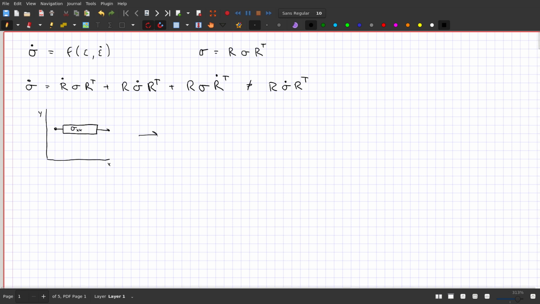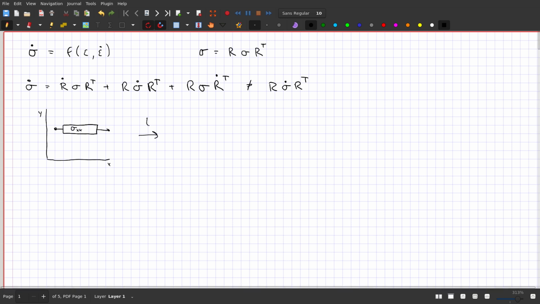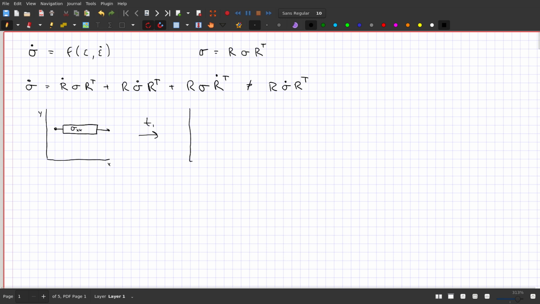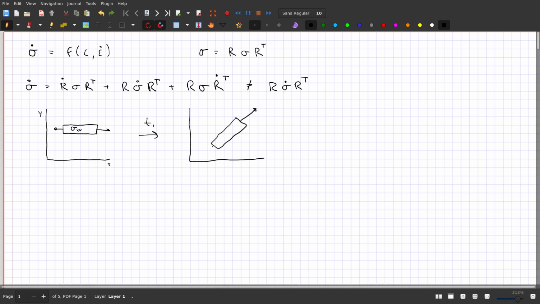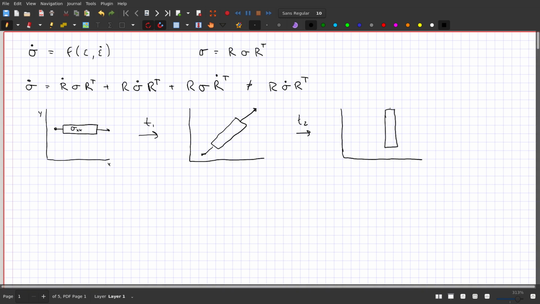Well, now we're going to begin to do a rigid rotation. So at time t1, you can imagine our still strained bar looks like that. And then later, at time t2, our bar now has been completely rotated by 90 degrees.